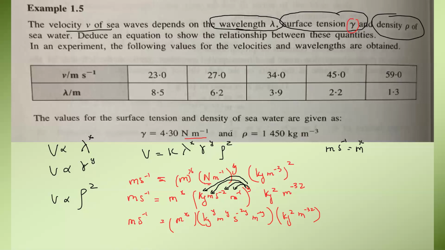So m raised to power negative y and m raised to power positive y cancel out each other. So this will become m, and x, the other one is minus 3z.